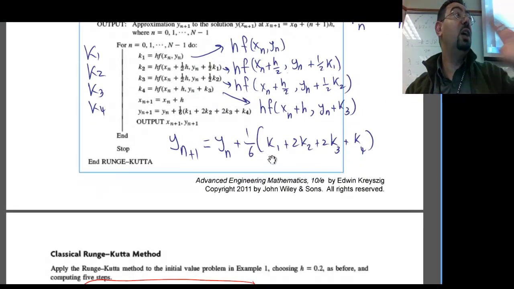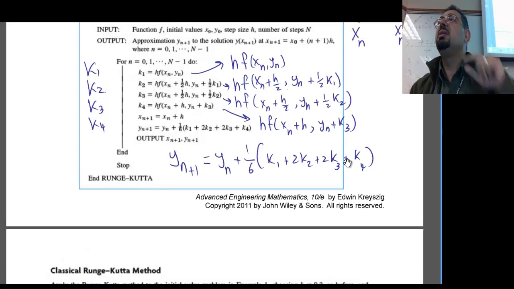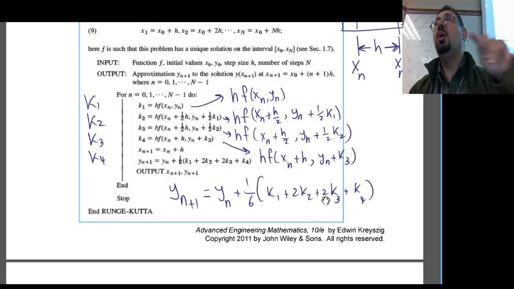It's the h times the tan theta, right? And if it was just improved Euler, you would have said yn plus 1 is yn plus half of k1 plus k at the end. But because this is the fourth order Runge-Kutta, it's k1 plus k4, that's the slope at the beginning and the slope at the end, and twice k2 and twice k3. What's k2 and k3?